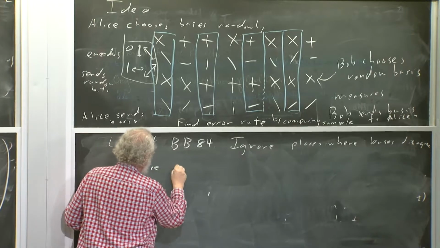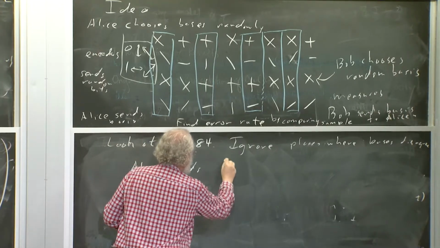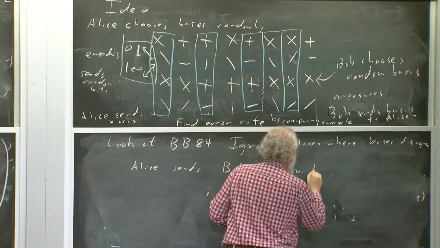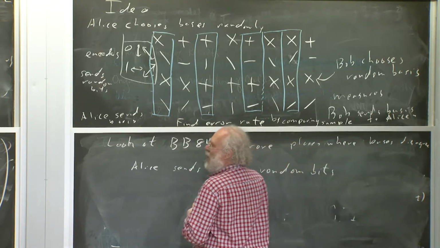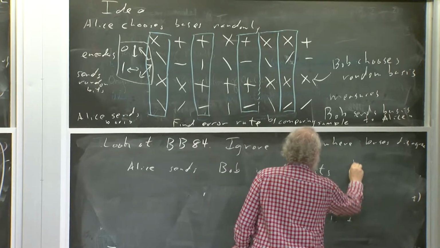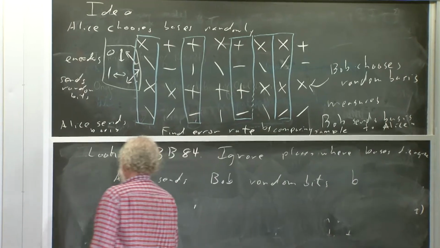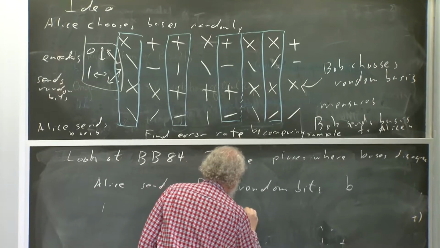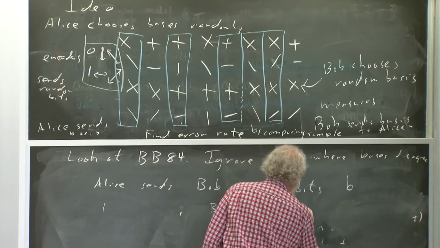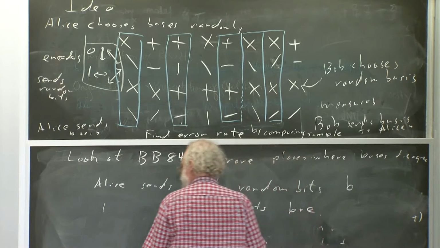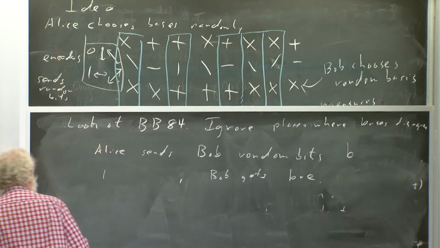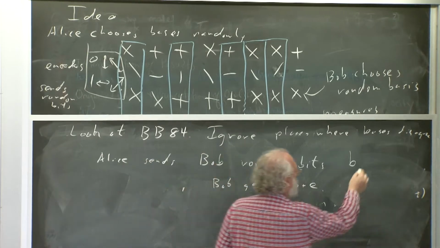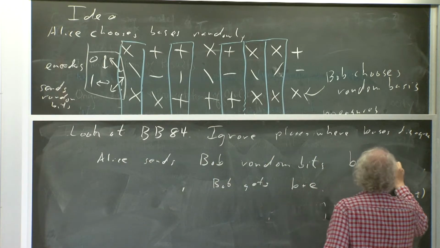Alice sends Bob random bits. Let's call these B. And Bob gets B plus E. This is over the quantum channel.